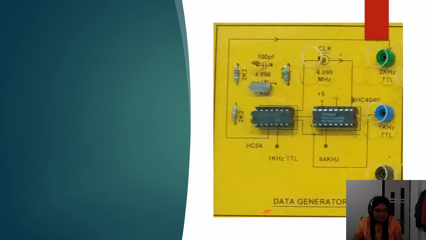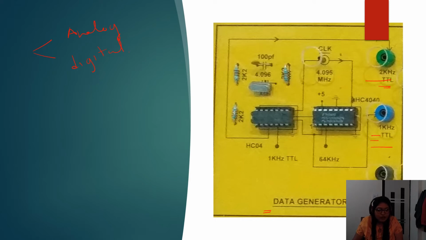circuit, the data generator. Always remember, when we want to generate data, there are two types, analog and digital. Fiber optics is mainly used for digital, so we are going to produce two signals here: a 2 kHz signal and a 1 kHz signal.